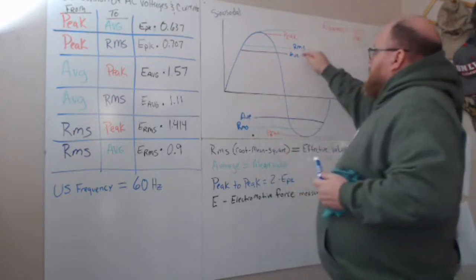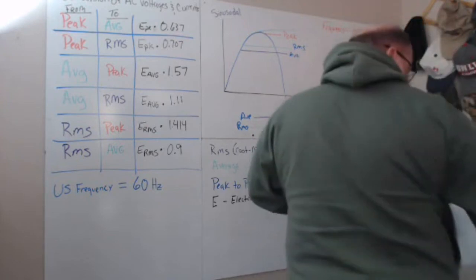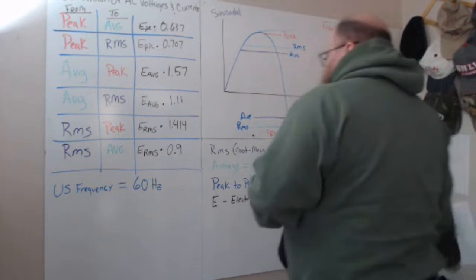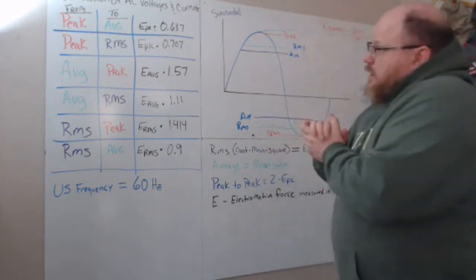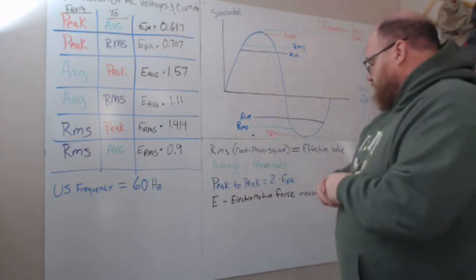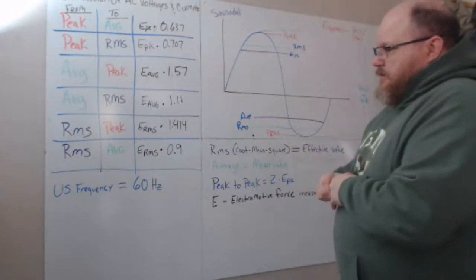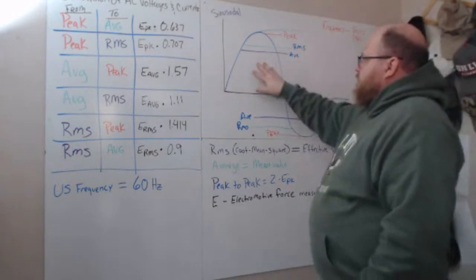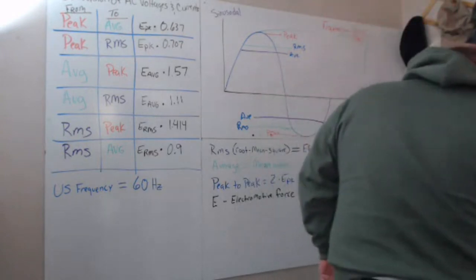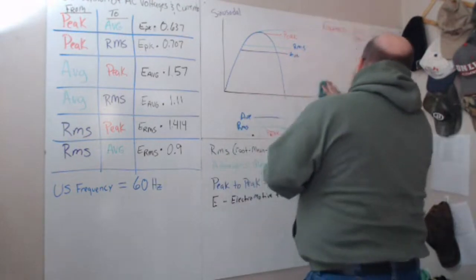So it's peak, RMS, average. Peak, RMS, average. So that's all the multiplication. Here are the definitions of terms and the other meanings they may have. Let me get rid of my little drawing here.